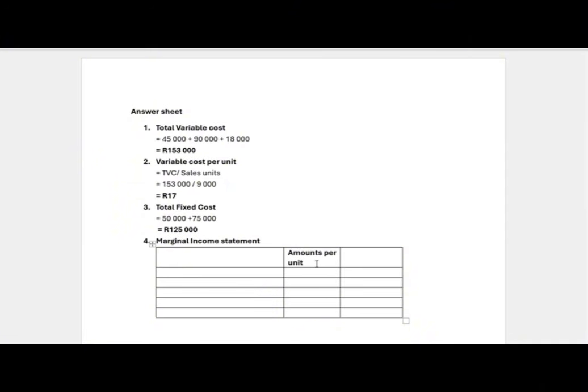Amount per unit we refer to like sales per unit, marginal income per unit, variable cost per unit. That's what we're going to have this side. And then on the other column we're going to have total amounts in rand.